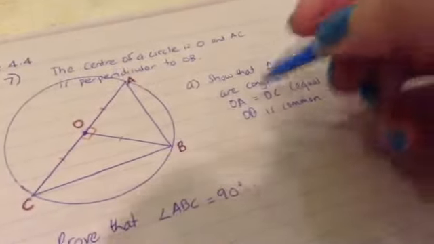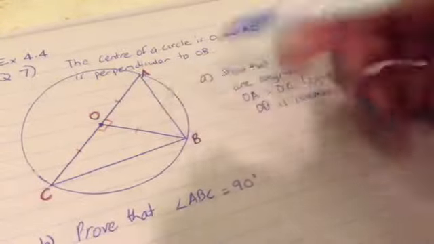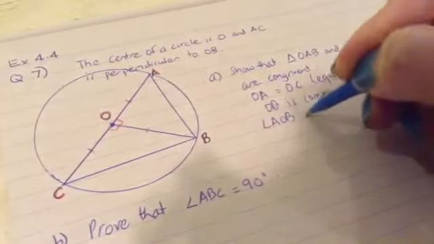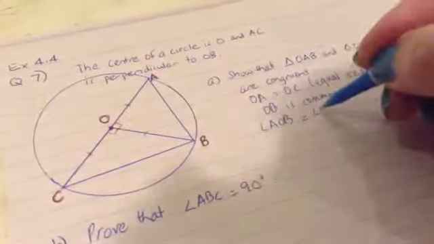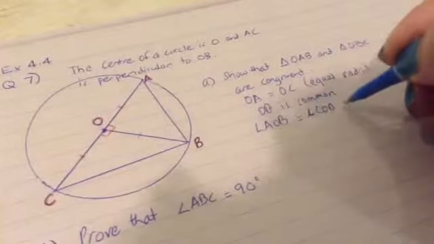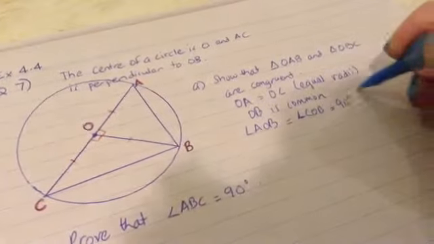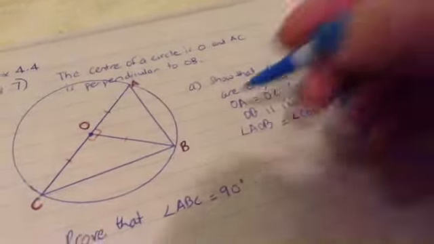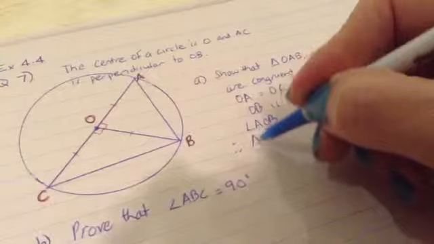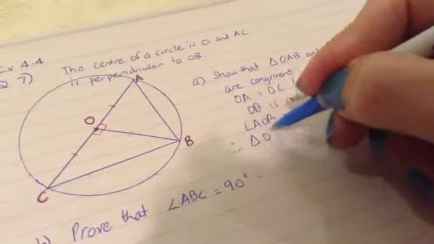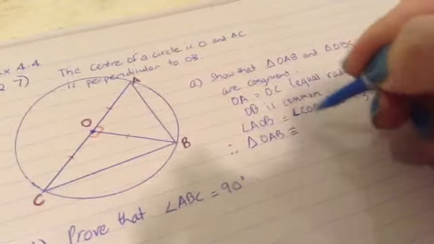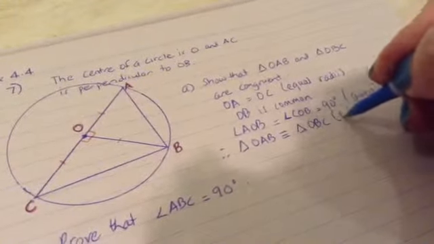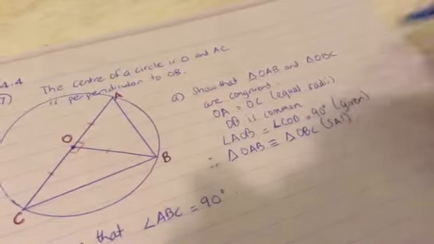And then we also said that angle AOB is equal to angle COB, which is equal to 90 degrees, because that was given. And therefore triangle OAB is congruent to triangle OBC because of side angle side.